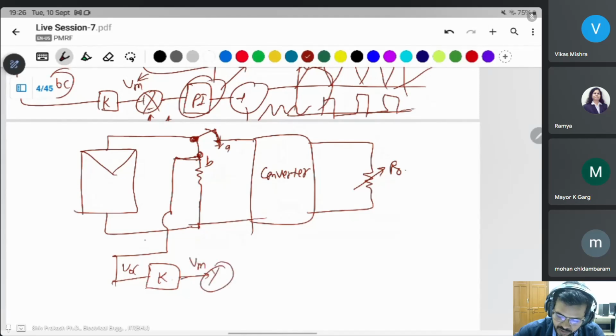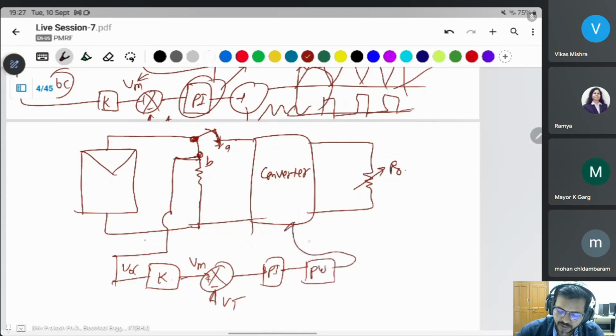Then you use the PI controller to make VT the same as VM, and then use the PWM and give the duty cycle to the converter. But here still you can't operate this continuously, because of the sampling, there is a discontinuity on the input side.